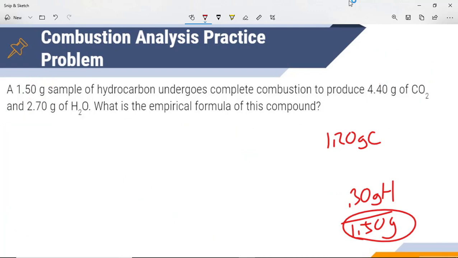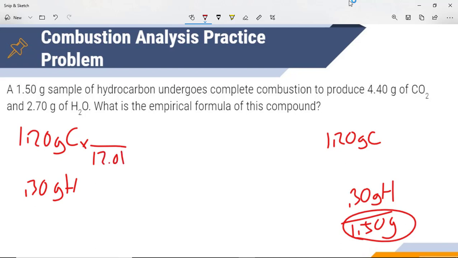So now we're going to utilize these numbers in our empirical formula calculation. We're going to start with 1.20 grams of carbon, 0.30 grams of hydrogen, and again, just like last time, convert those to moles.